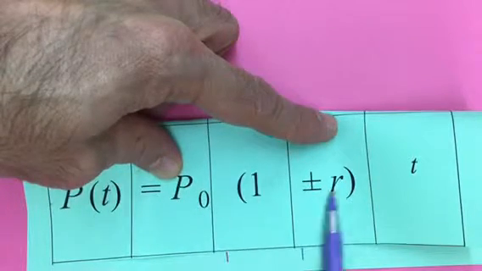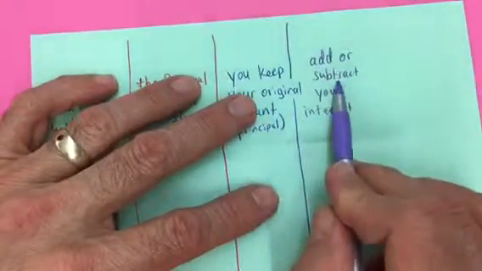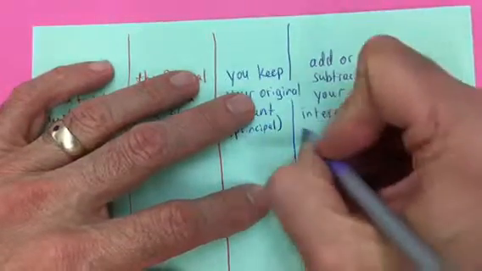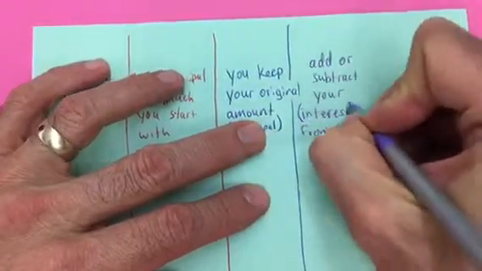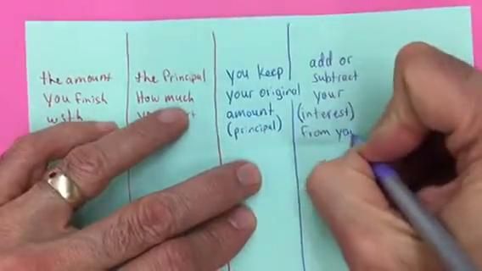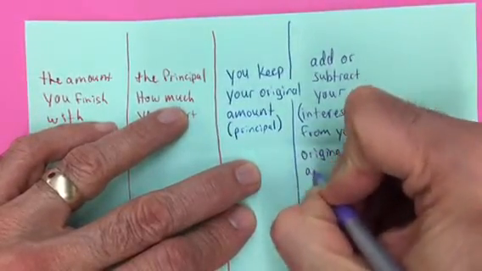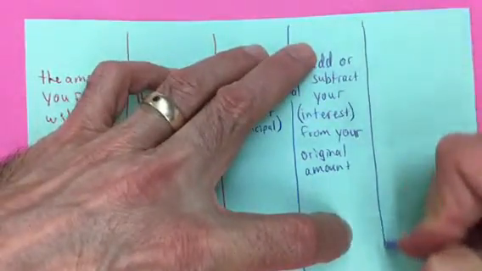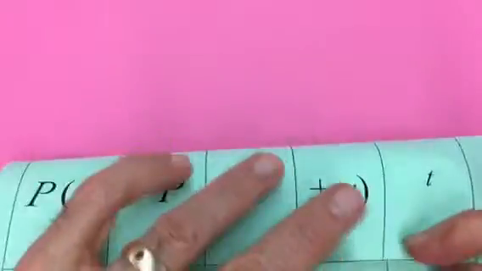So you have your bacteria, you're going to grow your bacteria at 25% every hour. So you're going to have a change. So it could add or it could subtract, depending on what's happening. Your interest. And it doesn't have to be money from your original amount. This last one is key.